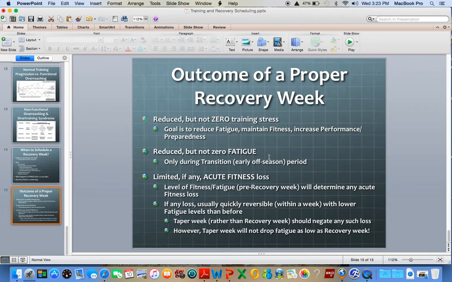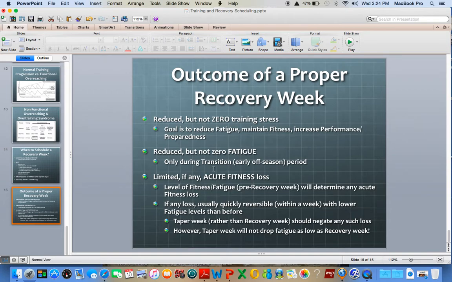So what is the outcome of a proper recovery week? Reduced but not zero training stress. So we're not sitting around for an entire week. The goal is to reduce fatigue, maintain fitness, and increase performance and preparedness through a reduction of fatigue, okay? But remember, in season, we are reducing fatigue, which allows us to continue to train, but we are not getting to zero fatigue, right? If that happens, you will lose fitness, I guarantee it.